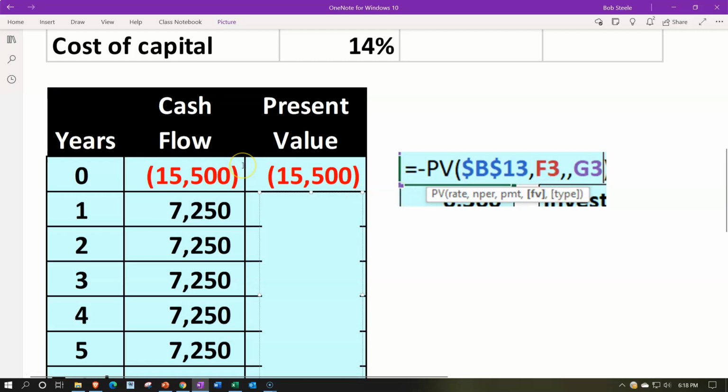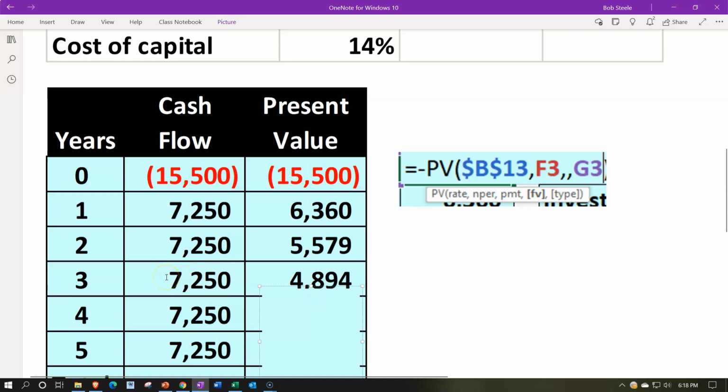Future values, the 15.5. The result is the same because we're at time period 0. But if we copy that formula down, then in period 1, the 7,250 discounted at 14% back 1 period or 1 year will be 6,350. And then in year 2, the 7,250 discounted at 14% back 2 years will give us the 5,579.